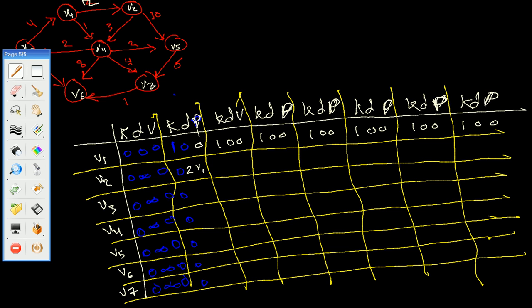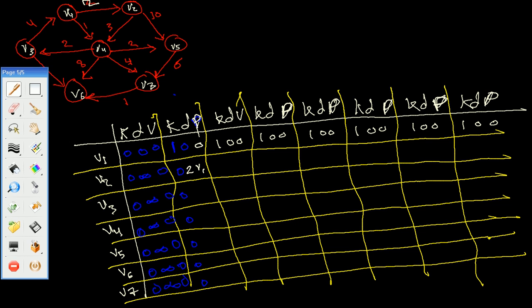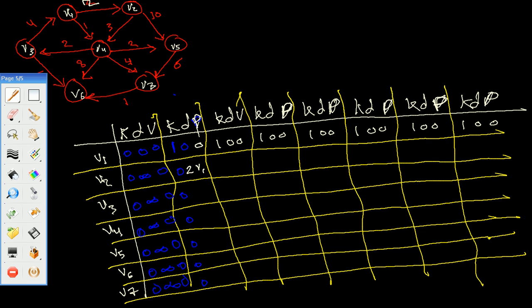From V1 to V3 there's no distance, so this is infinity and the previous is null, put 0.